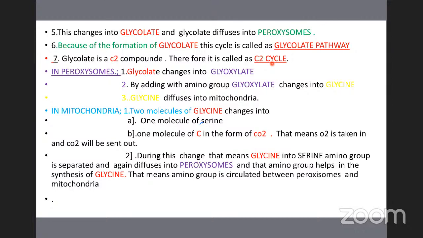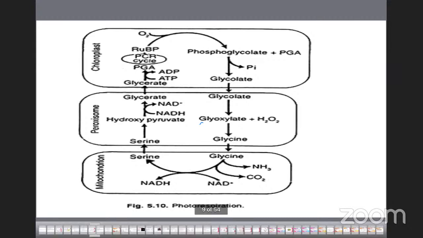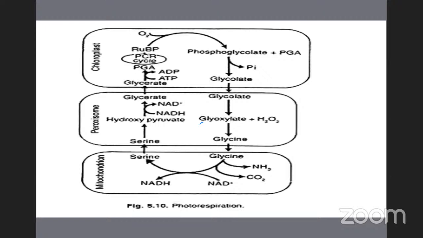Okay, next, in peroxisomes, whatever serine is synthesized in mitochondria diffuses into the peroxisomes. This serine changes into pyruvate, pyruvate changes into glycerate, and that glycerate diffuses into the chloroplast.